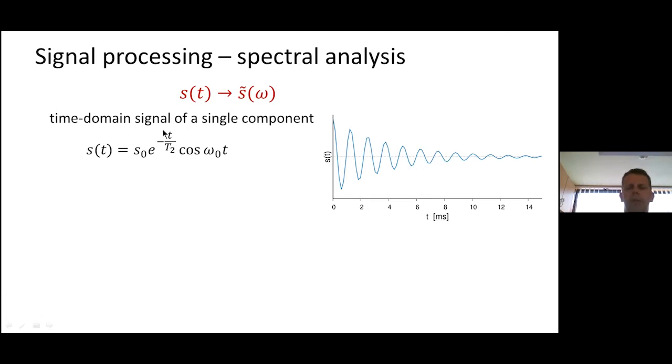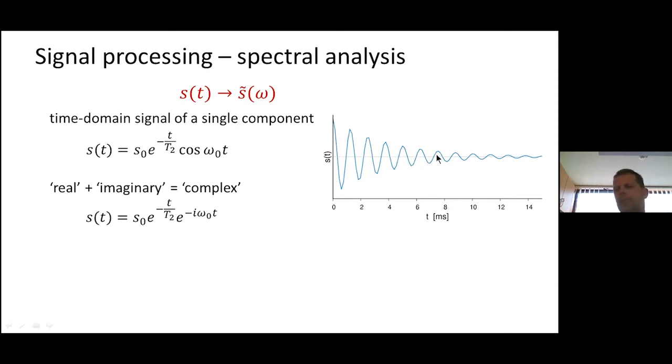So something oscillating, and of course, these oscillations don't go forever, but they are in reality damped by the relaxation time, which is usually exponential. Okay, in practice also, we actually don't measure only one signal.